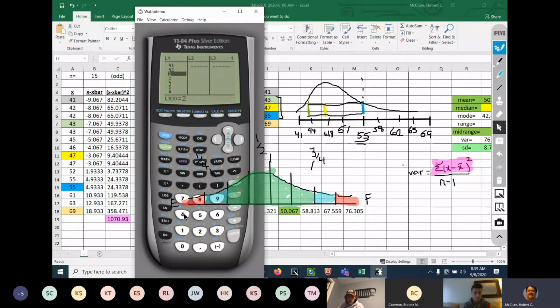And with a mouse, it's a whole lot more complicated. 43, 43, 45, 46, 47, 47, 52, 55, 55, 61, 63, and 69. And it won't let me. 69. There we go.